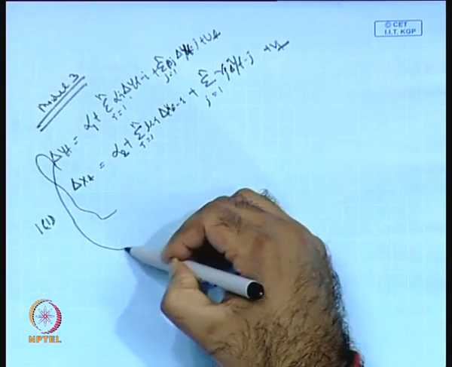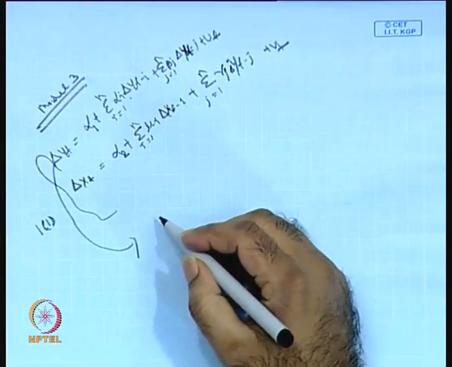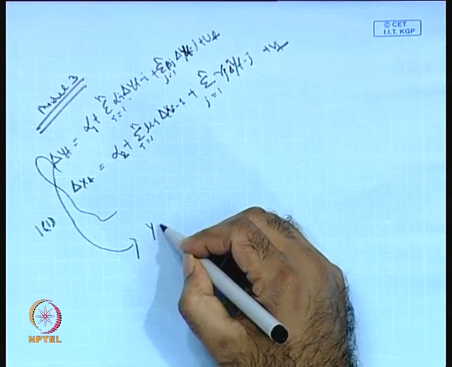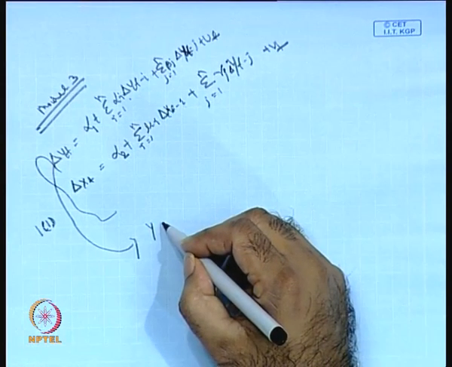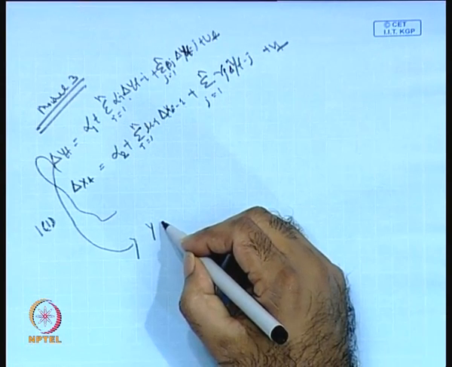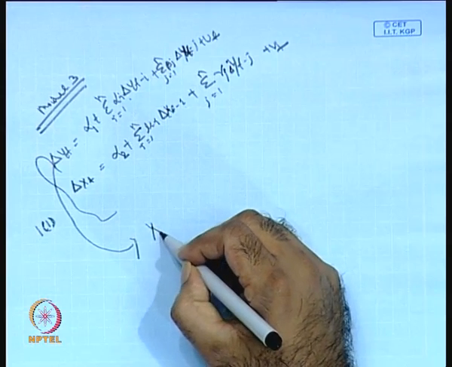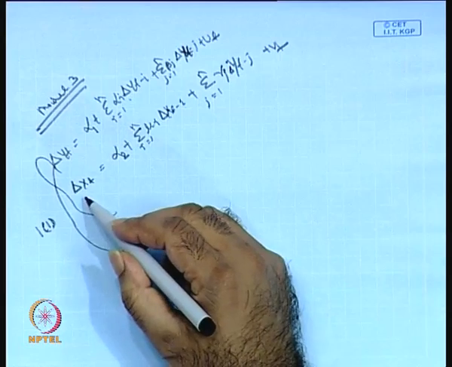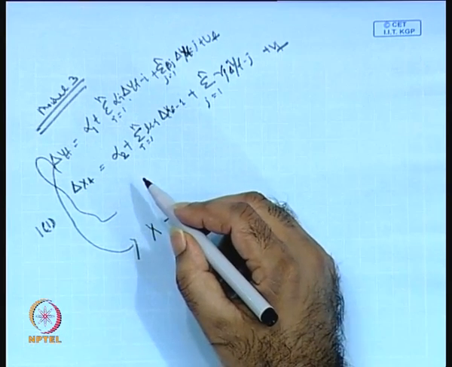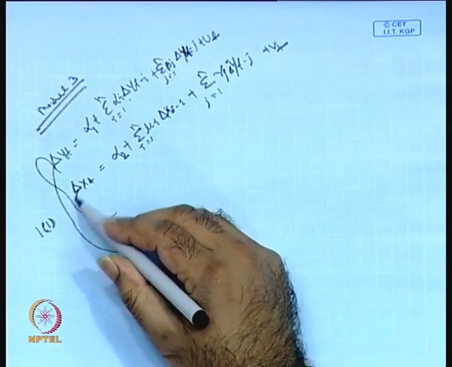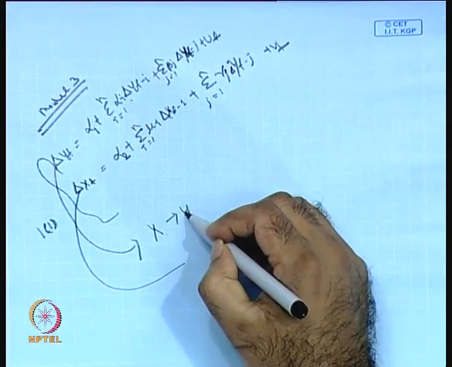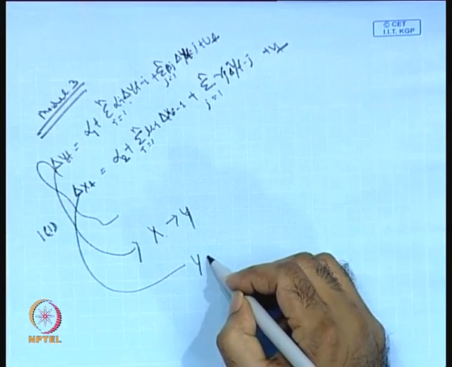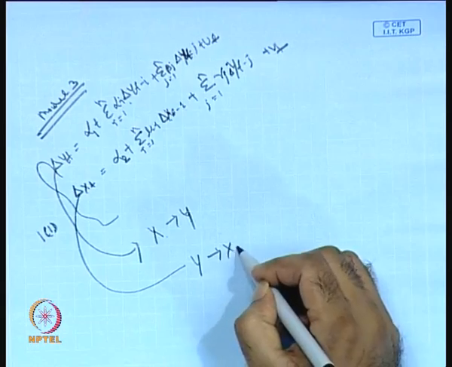Now in this particular model our aim is to check whether x causes y, and this will give you the signal x causes y, and this will give you the signal y causes x.